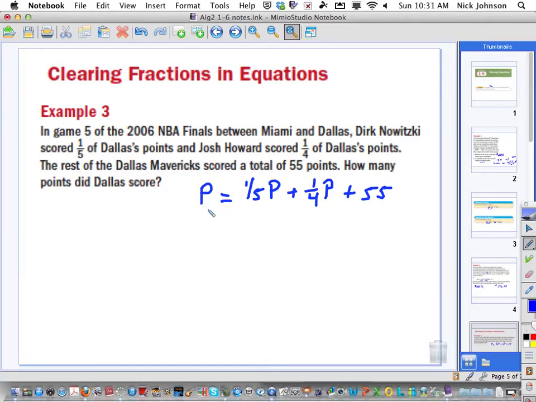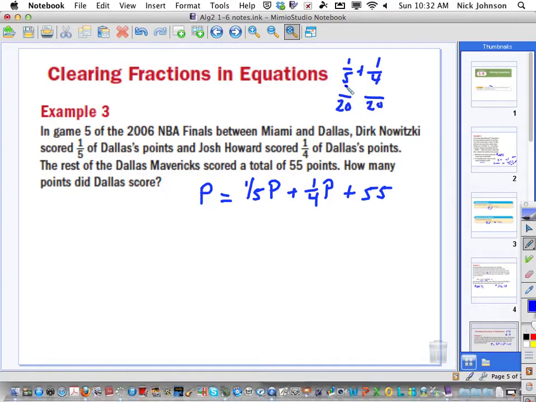Now, by doing this, you can do this two ways. You can get rid of your fractions, or you can combine your fractions. Okay. If you're going to combine your fractions up, 1/5 and 1/4. Remember, when you are adding fractions, you have to get a common denominator.